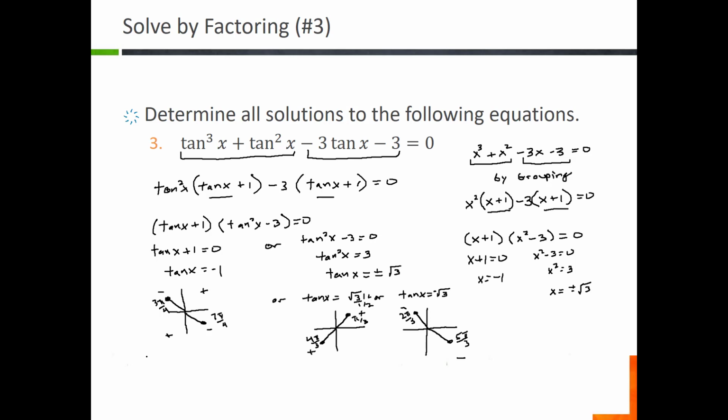Okay, so let me just list all 6 of those out. So between 0 and 2 pi, x could equal, let's try and list them off in increasing order: pi over 3, 2 pi over 3, 3 pi over 4, 4 pi over 3, 5 pi over 3, and then lastly, 7 pi over 4.